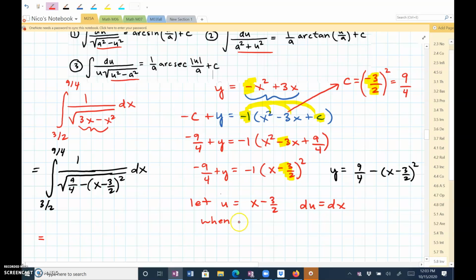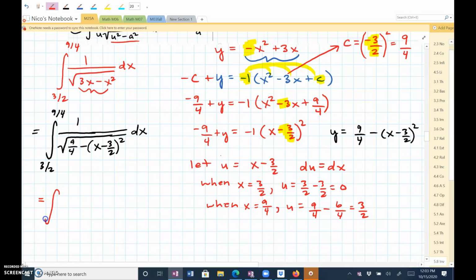When x equals 3/2, u equals 3/2 minus 3/2, which would be 0. And when x equals 9/4, u equals 9/4 minus 3/2, which is the same thing as 6/4, which will be 3/4.